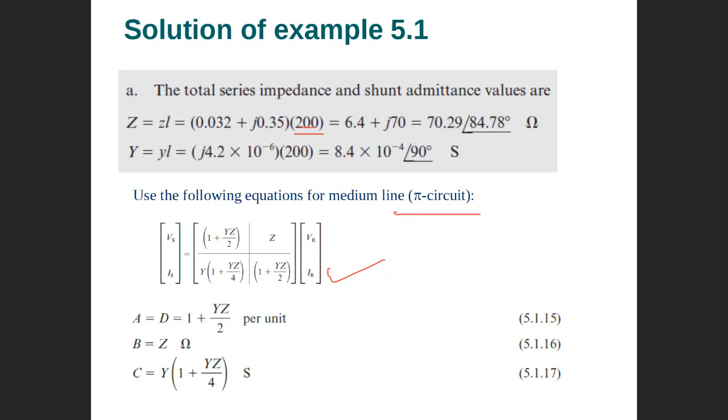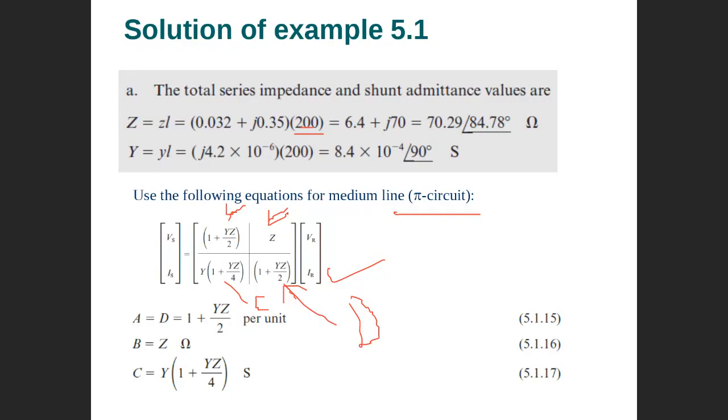So what do we want? We want ABCD. This will be A, just 1 plus YZ over 2, and this will be B, this will be C, and this will be D, and A equals D. So you calculate A only one time, and A equals D.